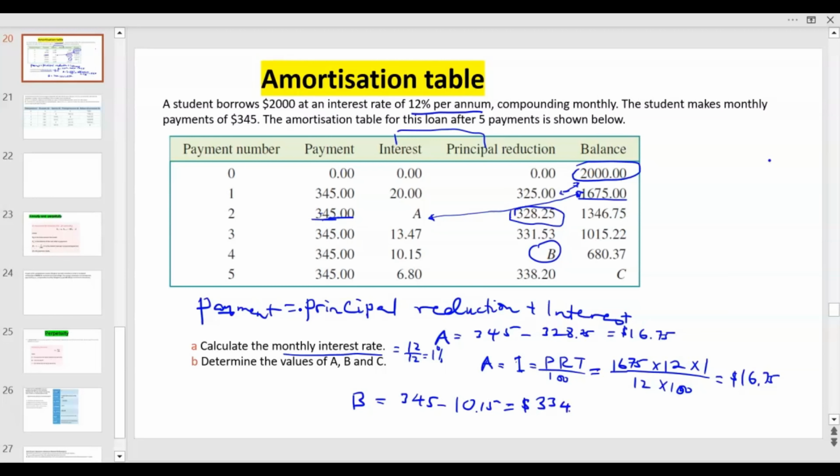So for C, we just subtract these two in order to find what C is. So C equals.